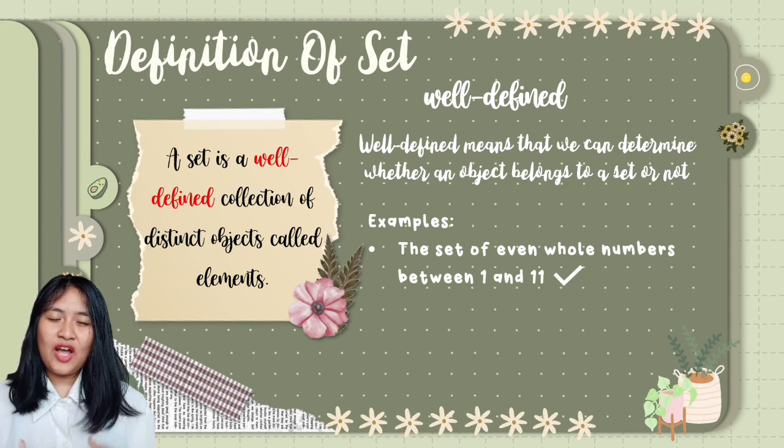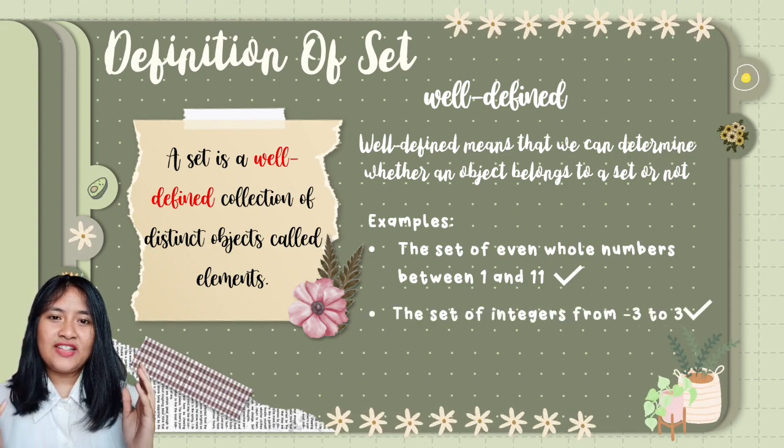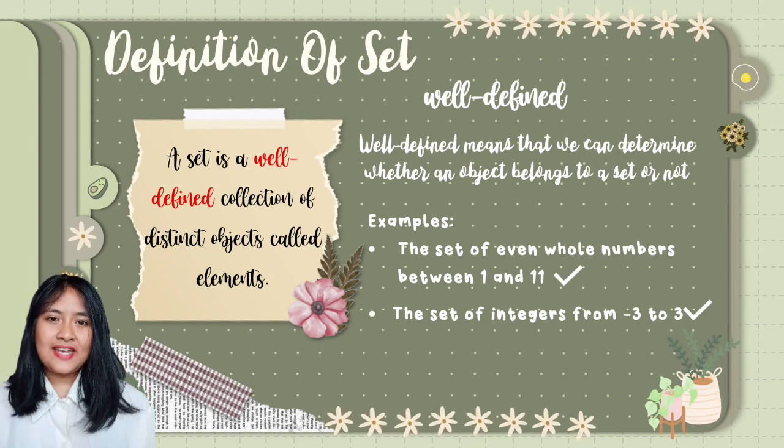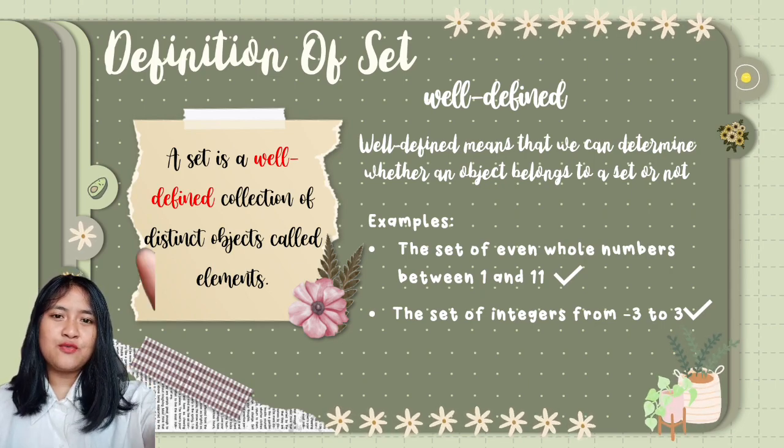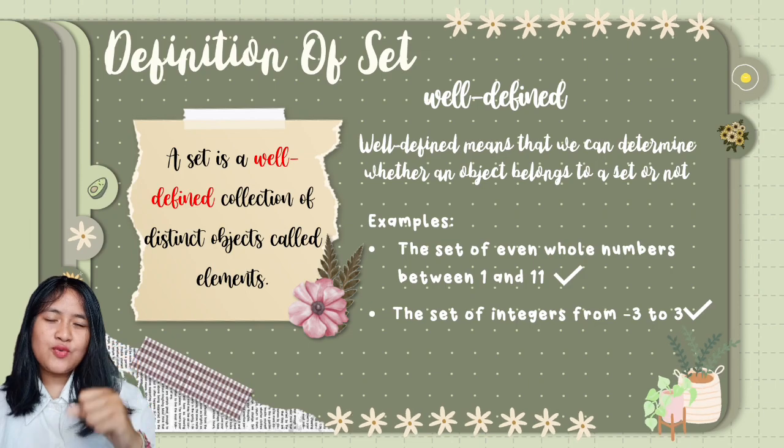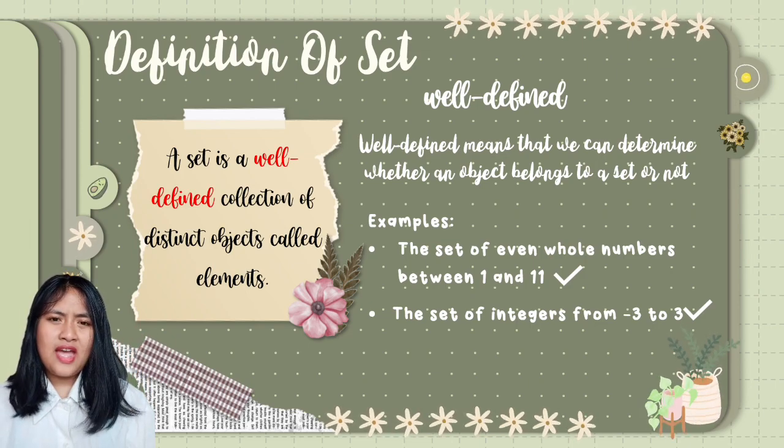Another example of a well-defined set is the set of integers from -3 to 3. This set contains -3, -2, -1, 0, 1, 2, and 3, and only those integers.